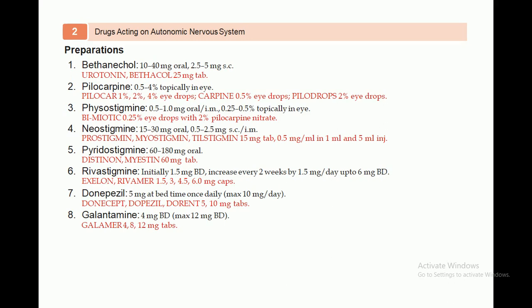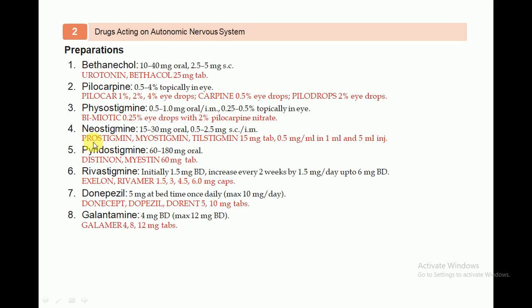Another agent is neostigmine. Neostigmine is available at a dose of 15 to 30 milligram, recommended through the oral route. The second form is 0.5 to 2.5 milligram, which can be administered to the patient by the subcutaneous or intravenous route.